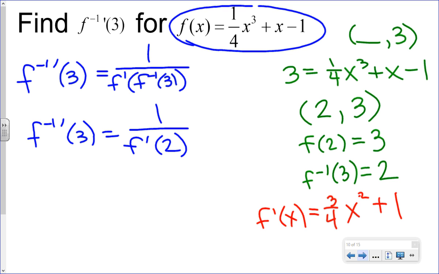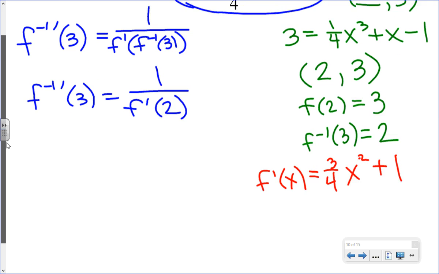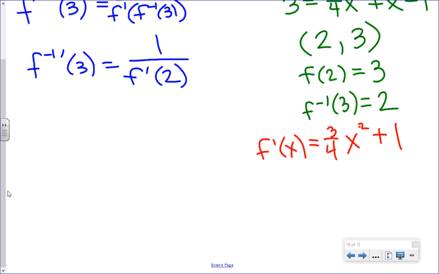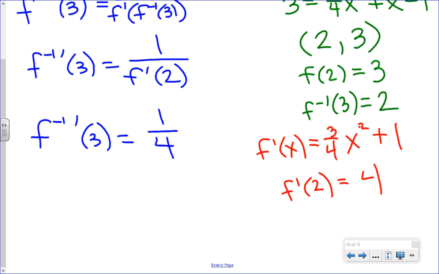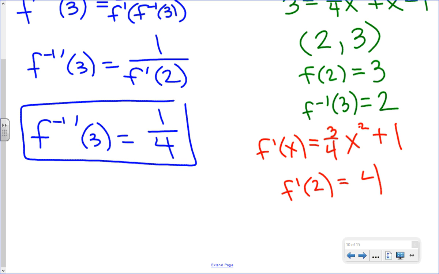It says 1. I don't know why I said 2. So 3/4 x squared plus 1 is the derivative of f. If we plug in 2 to that derivative, what would we get? 4? So 1/4 is the inverse derivative of 3.